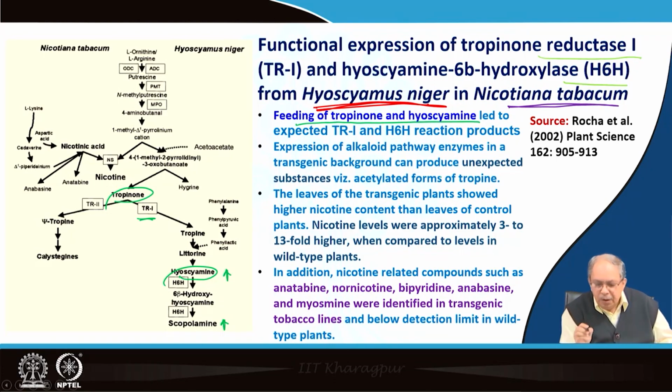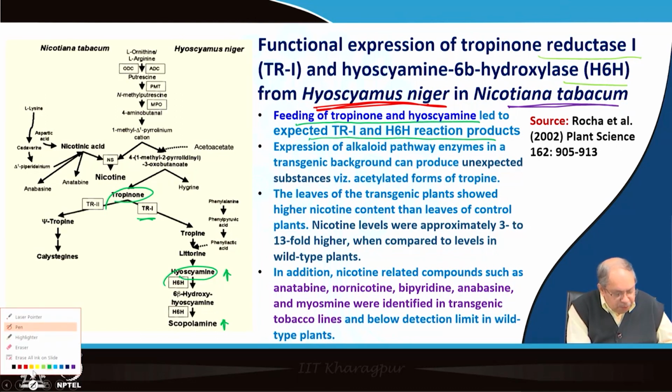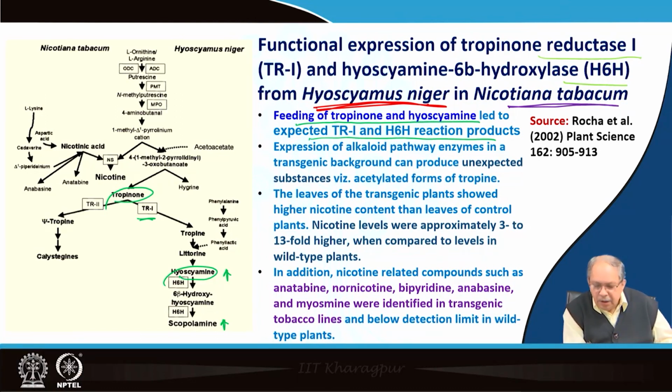The interesting point is that it has produced the expected product in higher amount, that is no problem, but in addition to that, they also noticed that it produces some unexpected substances under the transgenic background.